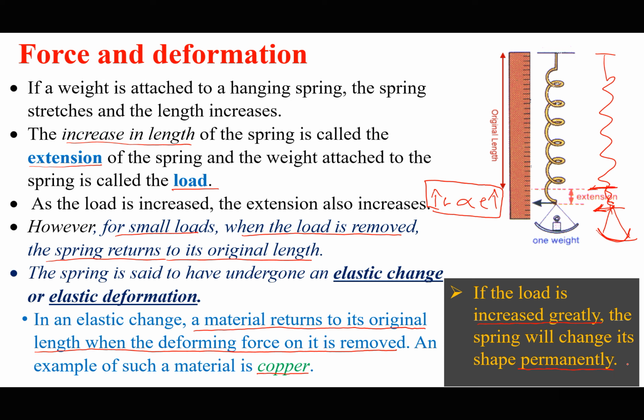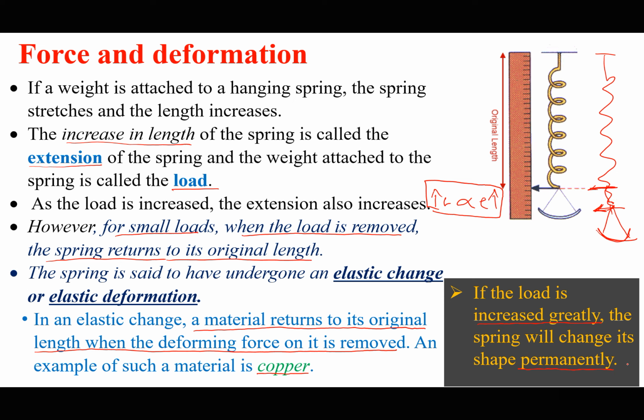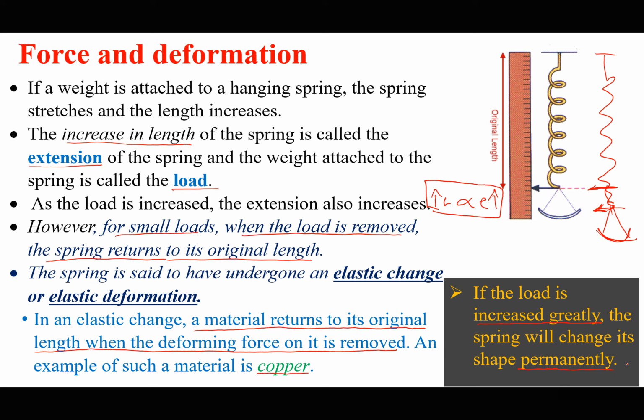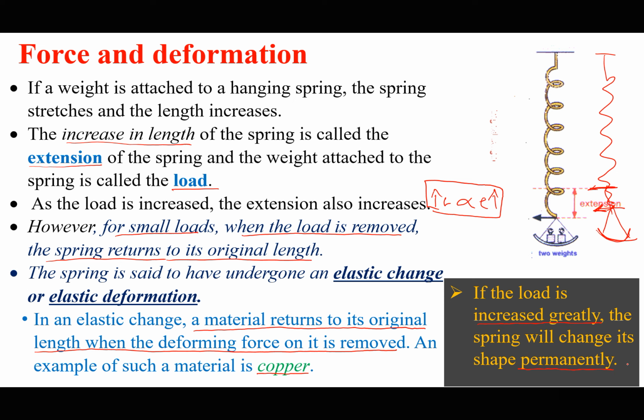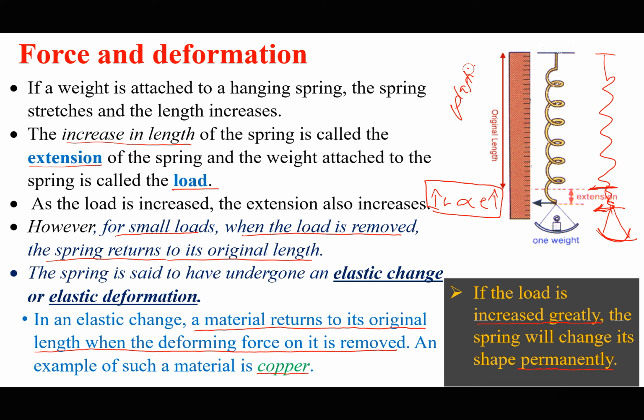So on this slide, we have now noted that elastic deformation means that when the deforming force is removed from the material, it returns to its original length. That is when we say it was elastically deformed. Later on, we are going to see, if it is not elastically deformed, perhaps it is plastically deformed. The opposite is going to be plastic.